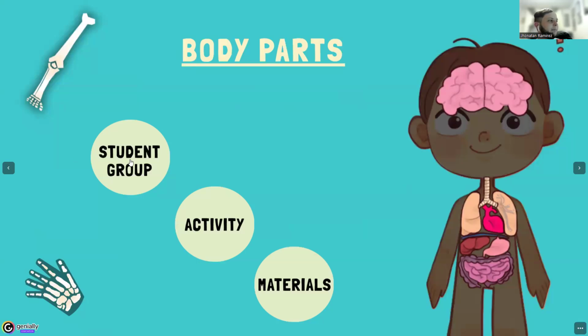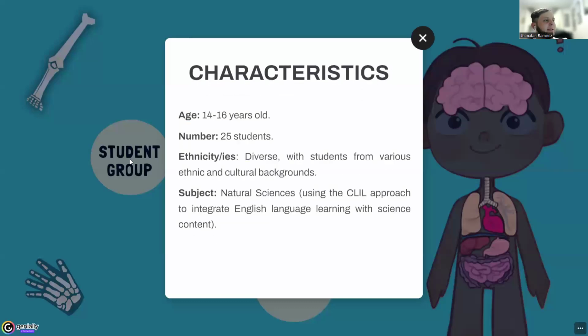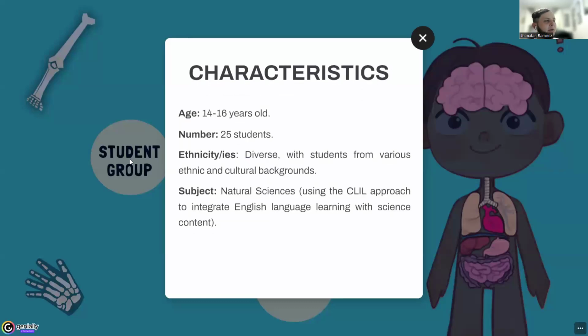The population that I decided to choose is students who are 14 or 16 years old. There are going to be around 20 or 25 students. If we are talking about inclusion, we don't have a specific ethnicity.